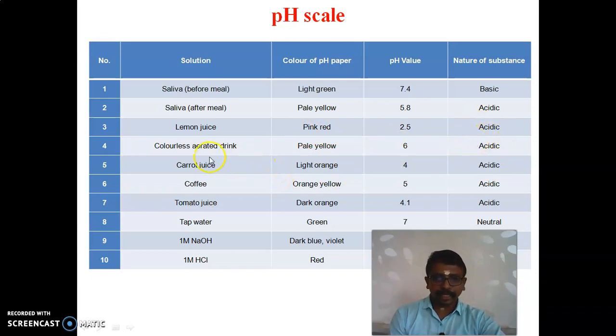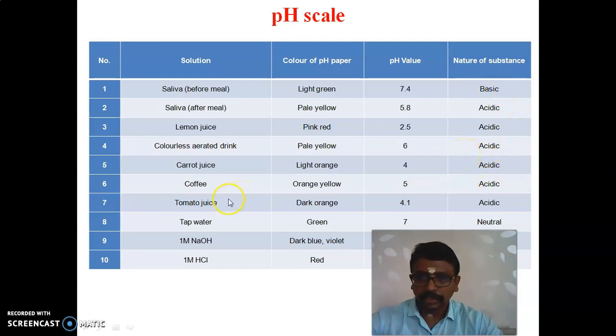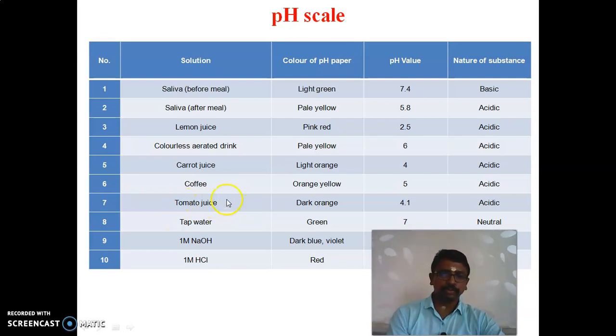And next is carrot juice. The color of the pH paper will be light orange, which means the pH value will be 4, and the nature of the substance is acidic. And next is tomato juice. What acid is there in tomato juice? Yes, tartaric acid.